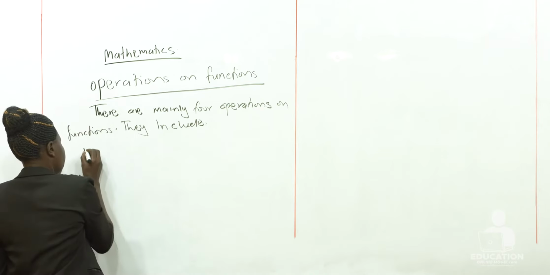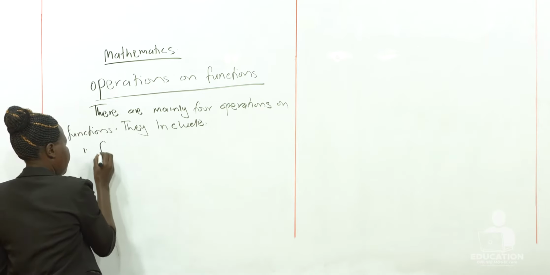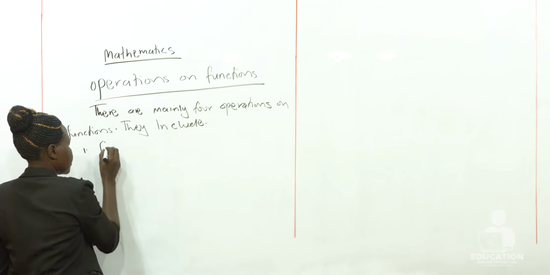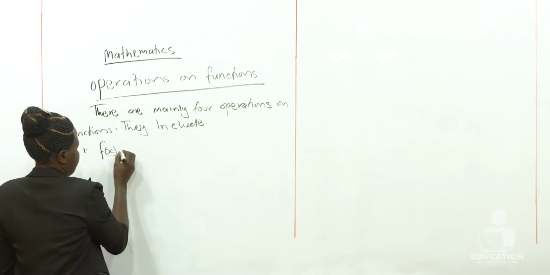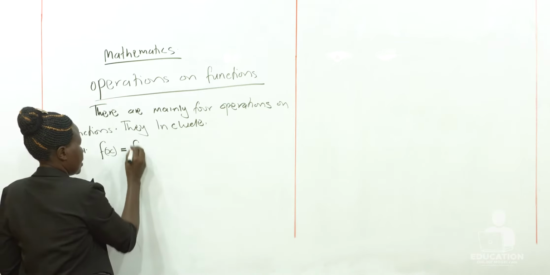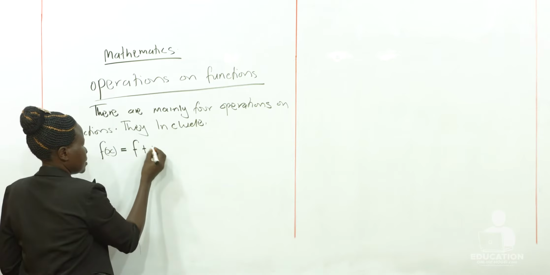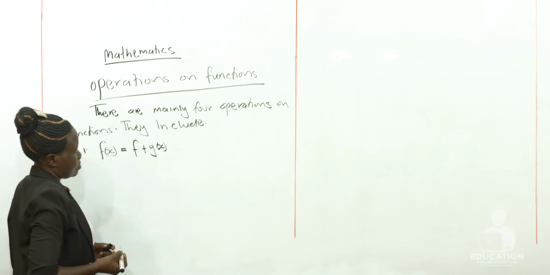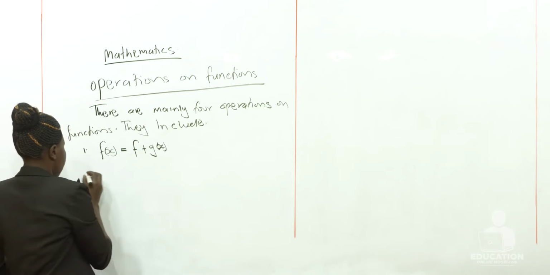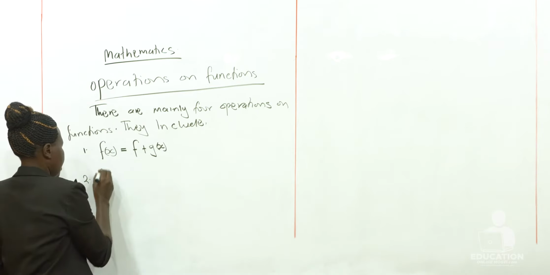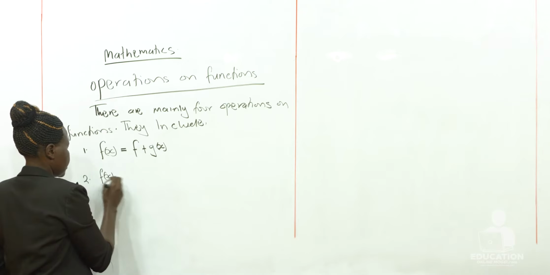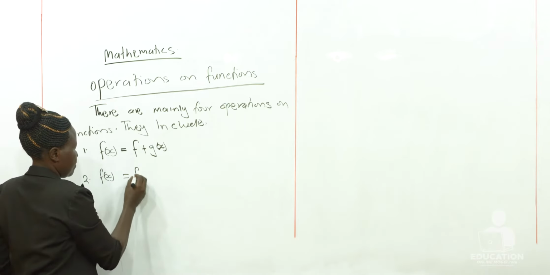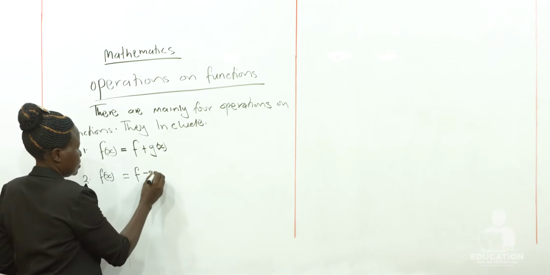1, f plus g of x. Then we have 2, f minus g of x.